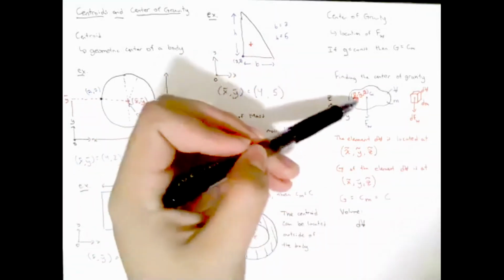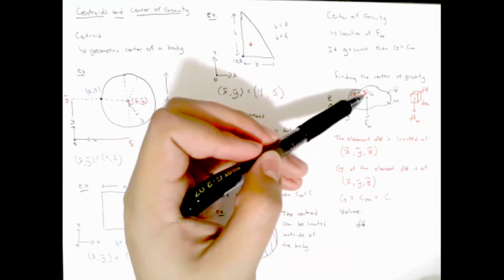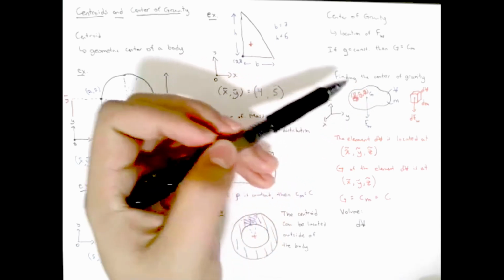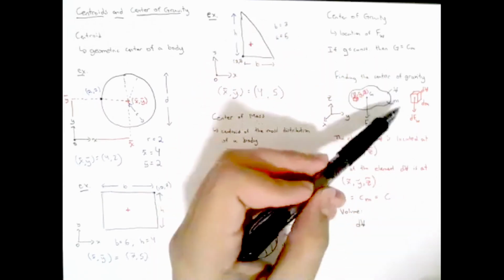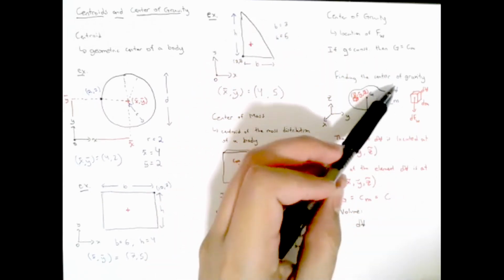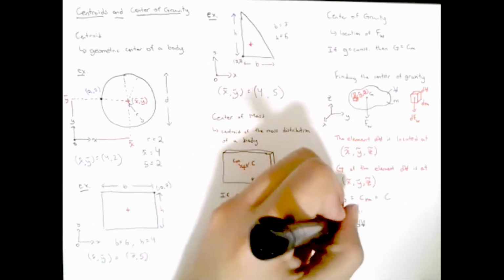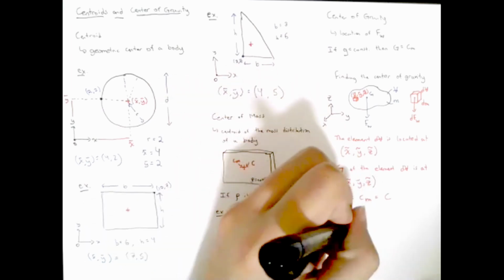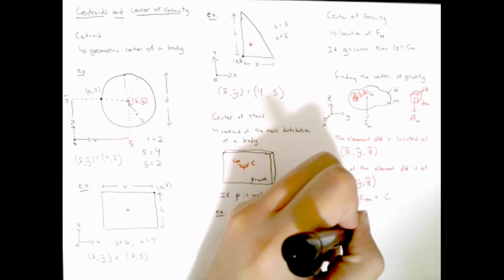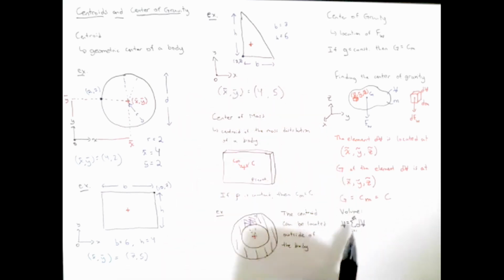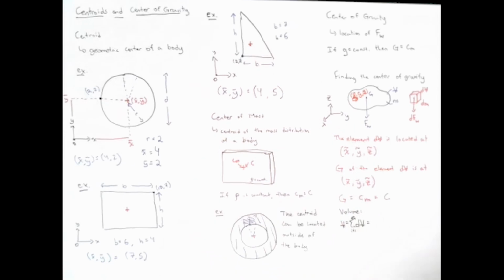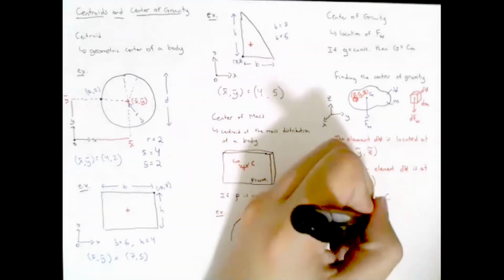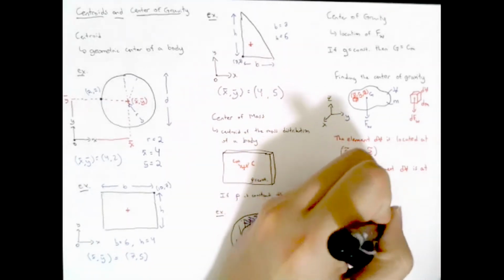And we know that there are an infinite number of tiny elements throughout this entire body. What that means is that if we want to find the volume of the entire body, then essentially we need to add up all of the tiny elements. And we know that the summation of an infinite number of terms is what we call an integral.